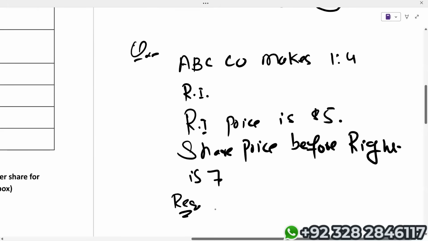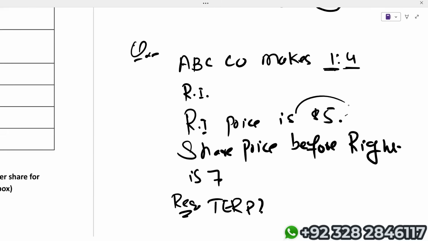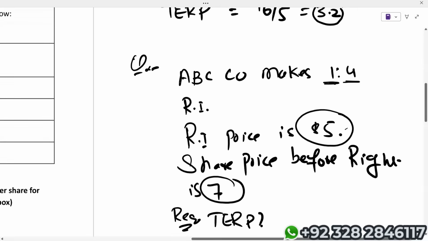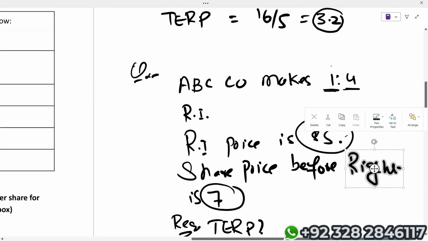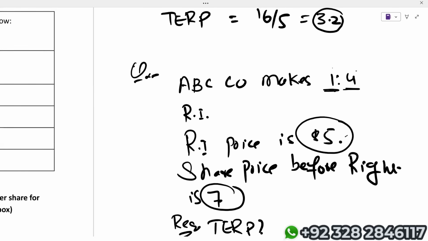Required is theoretical ex-rights price. I want every one of you to calculate theoretical ex-rights price. ABC company makes 1-for-4 rights issue, 1 rights issue against 4 shares. Rights issue price is $5 and the share price before rights is $7. Repeat, company is issuing here one right against 4 shares. Rights issue price is $5.